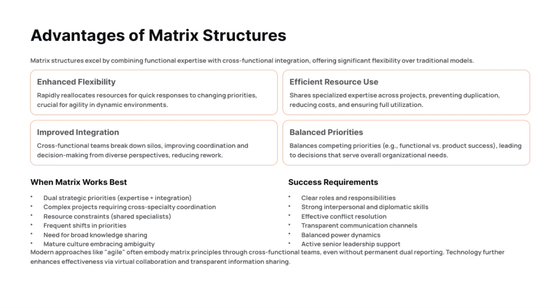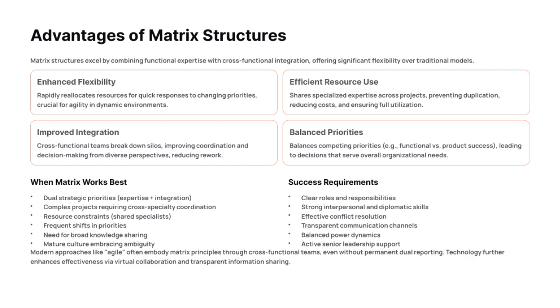Now, to make this work smoothly, clear roles and responsibilities are essential. Everyone needs to understand their specific contributions, and strong interpersonal and diplomatic skills are vital to foster collaboration and resolve conflicts quickly. Transparent communication channels help ensure that everyone stays informed, and balanced power dynamics encourage open dialogue and shared decision-making.